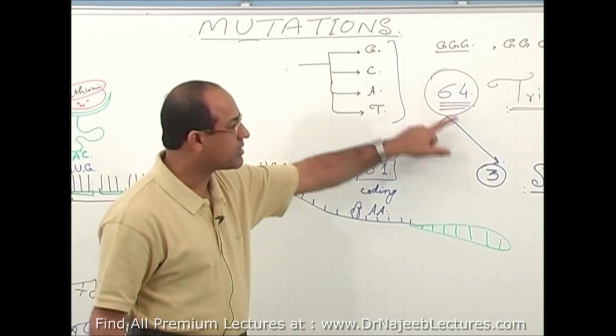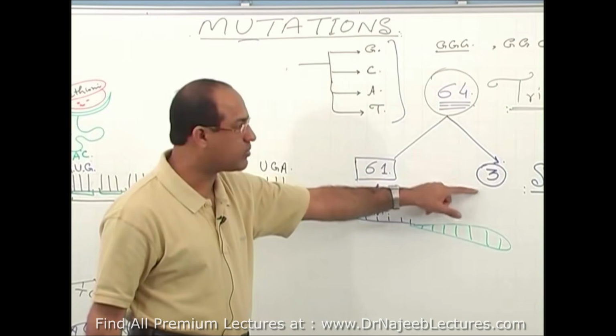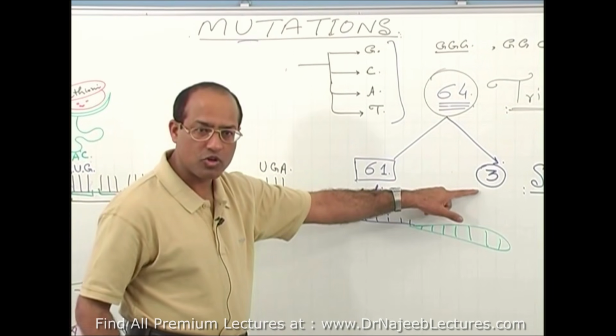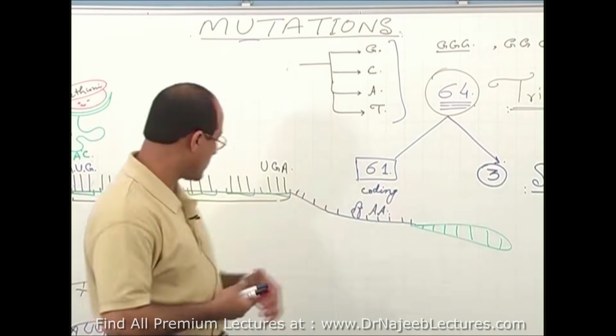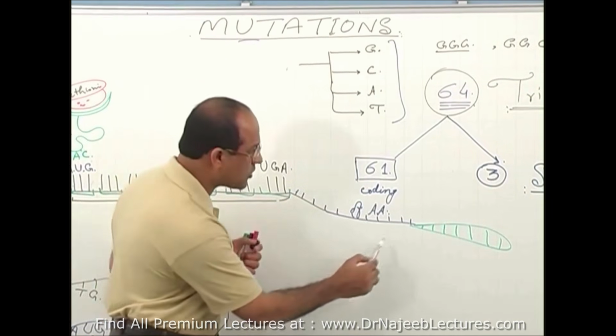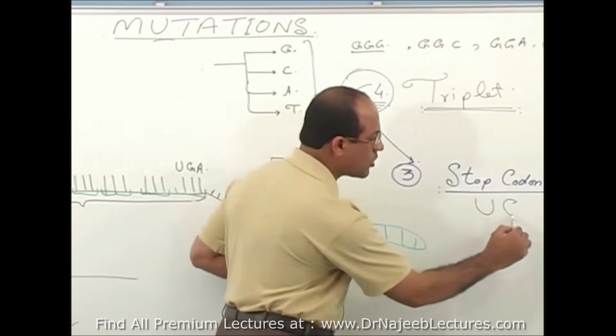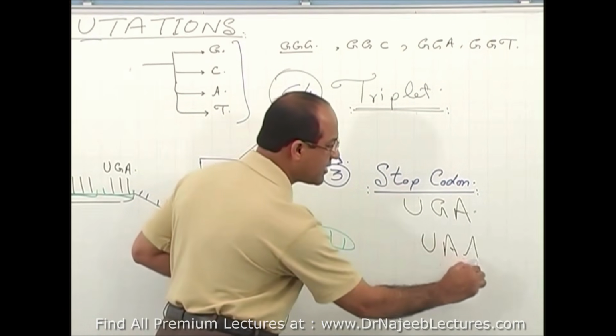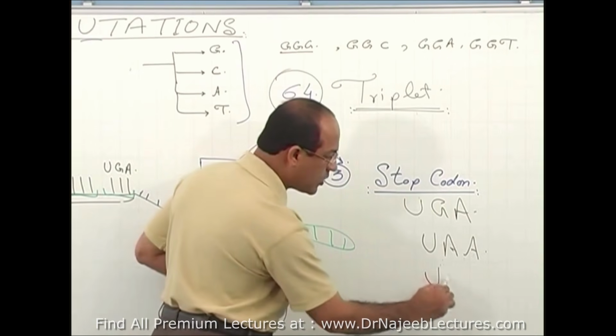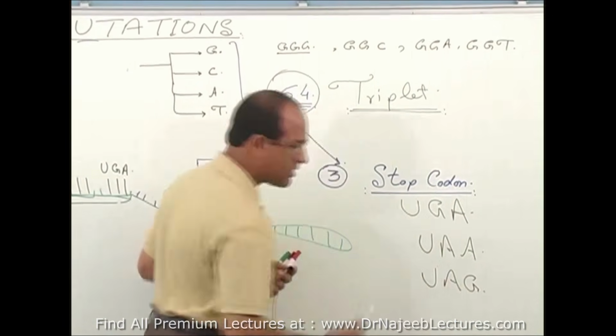Then we were saying that out of 64, 3 were stop codons.